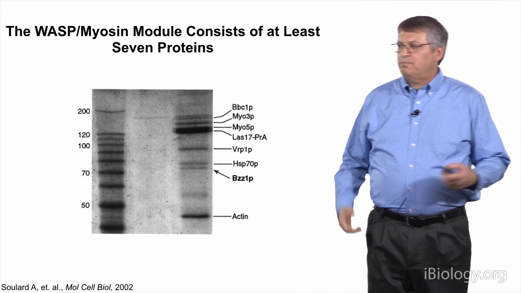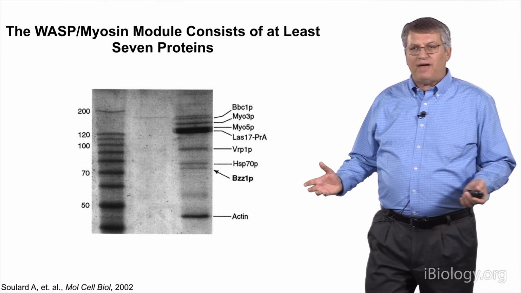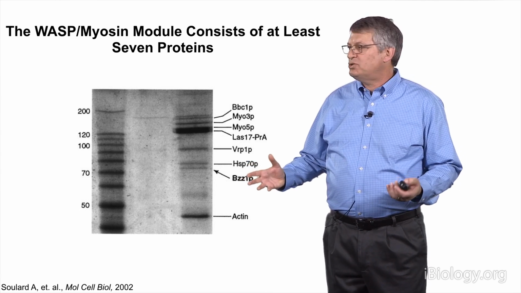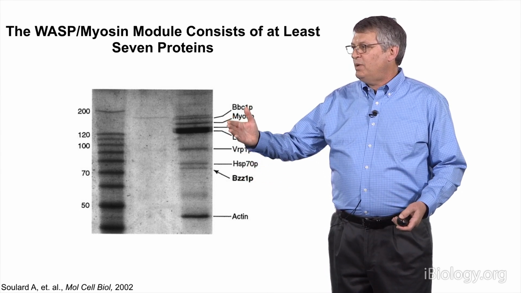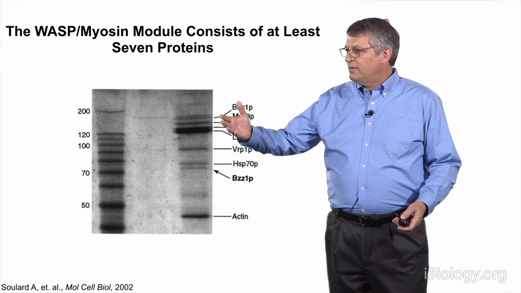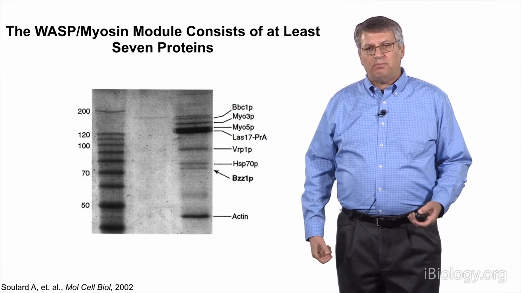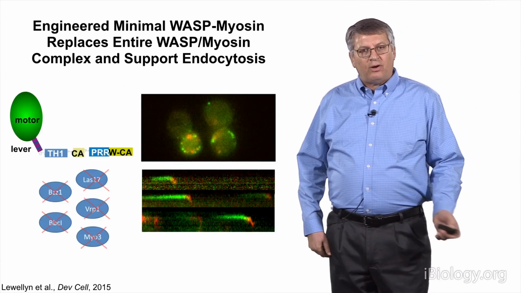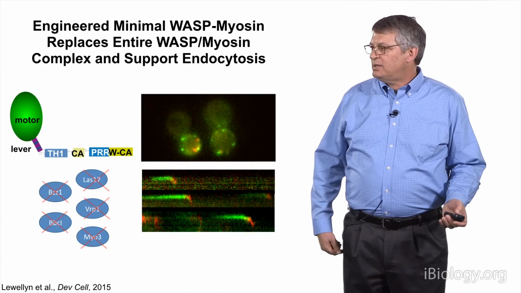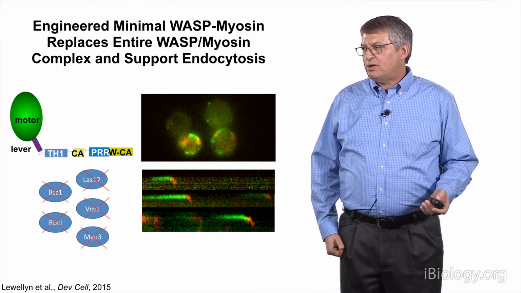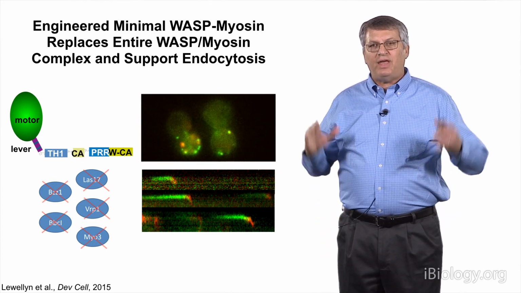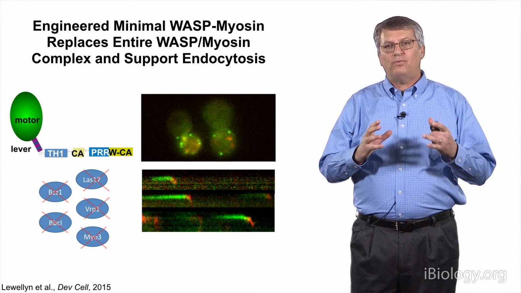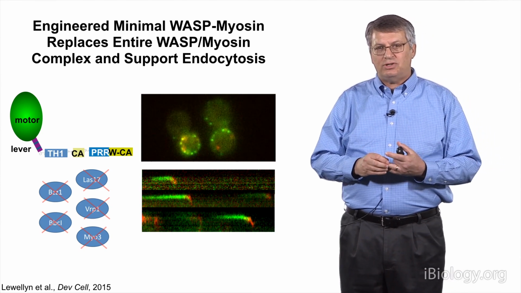And so evidence that it's really valid to call this a module comes from work from Rong Li, when her postdoc Soulard was able to purify most of the proteins in this module as a complex. And so Eric Llewellyn and Ross Peterson and others in my lab got together and decided to see if they could distill down the activities of all the proteins in this module and find what are the essential activities for endocytosis.